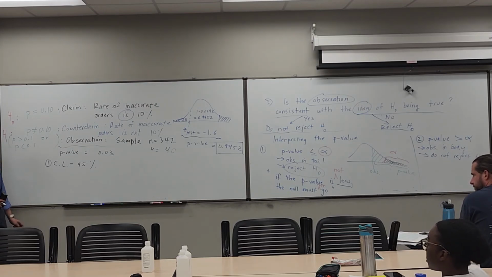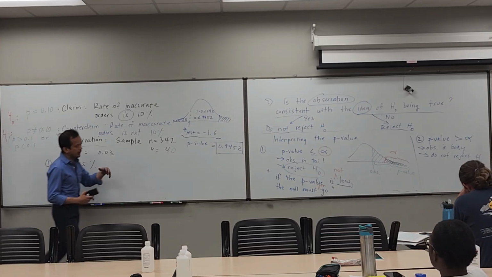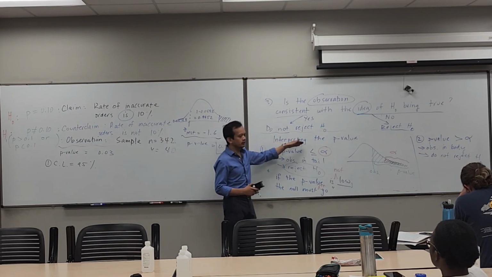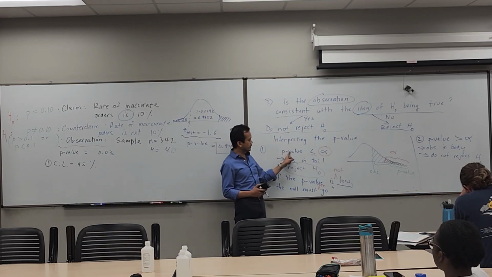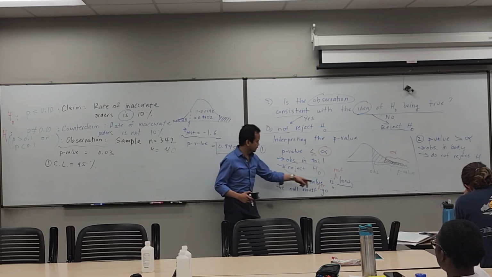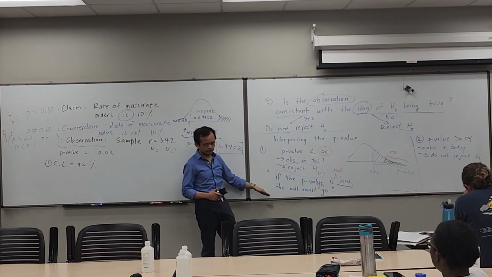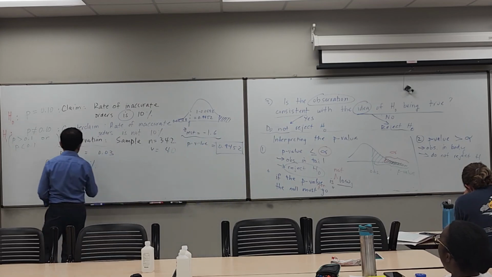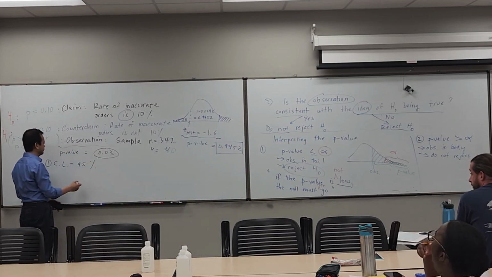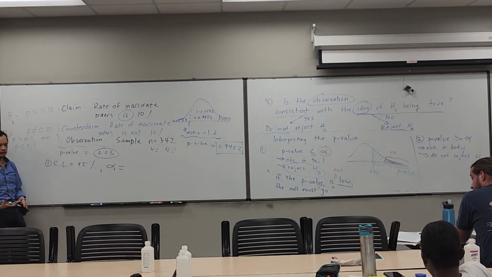Because the p-value is less than alpha. Excellent. Because this p-value has already been calculated, all we have to do is interpret using the p-value: take the p-value and compare it to alpha. Alpha is always 1 minus the confidence level.